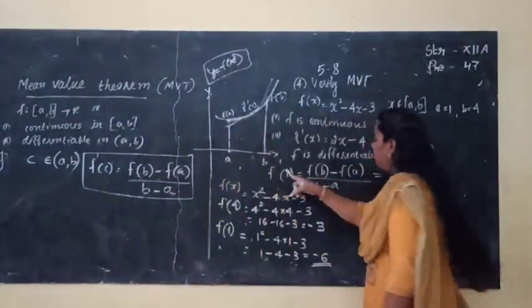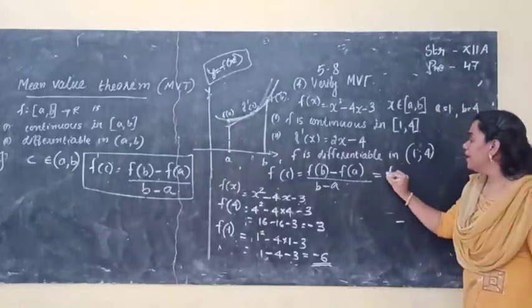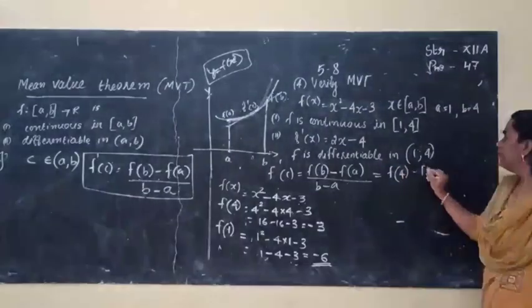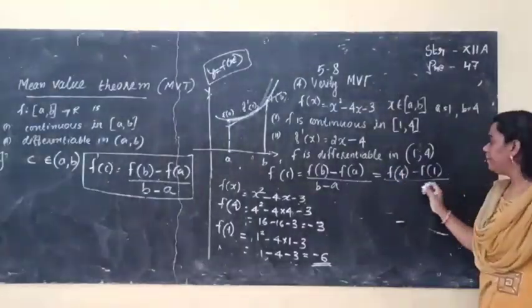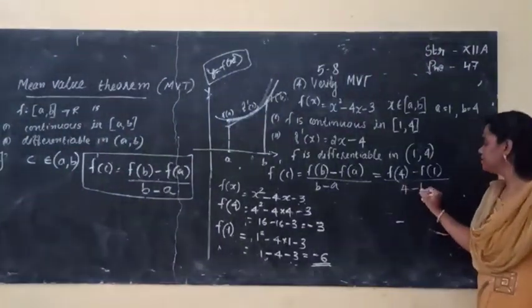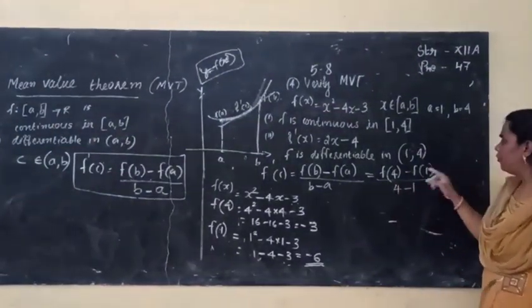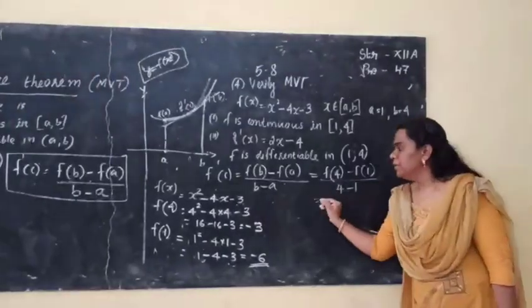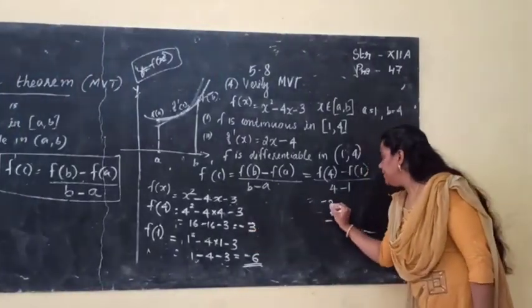Now we have f dash c is equal to f of b minus f of a divided by b minus a. That means f of 4 minus f of 1 divided by 4 minus 1. What did we get as f of 4? F of 4 is equal to minus 3.